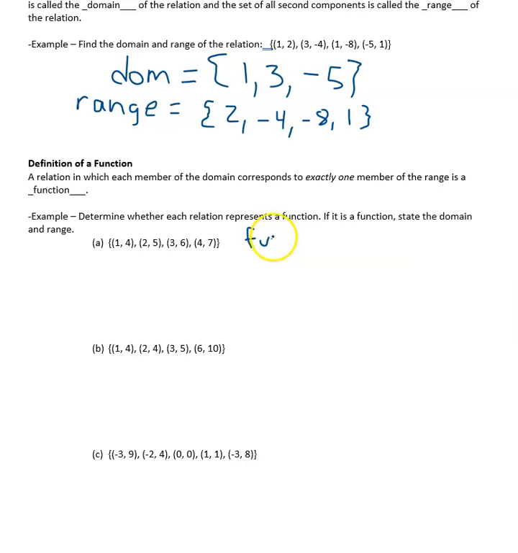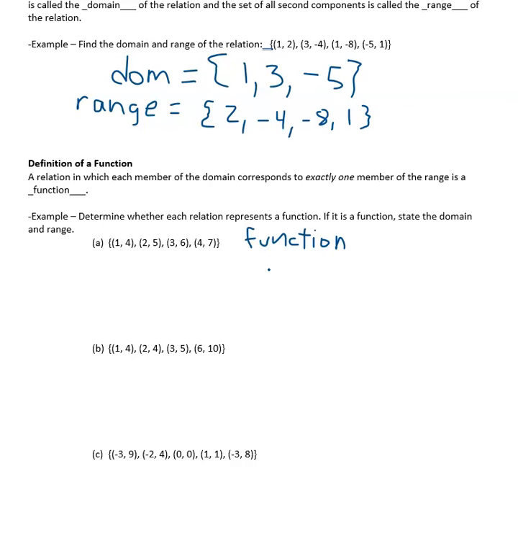and we can find the domain and range. So domain is made up of all of the X values, so all of the first components in the ordered pairs.